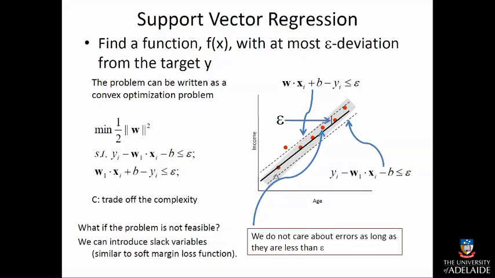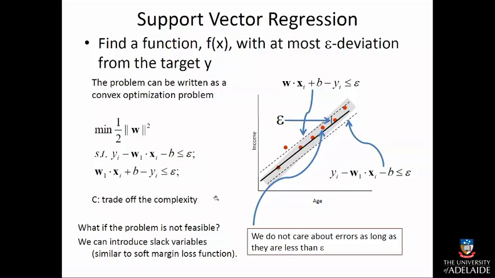So for the data points that are above the line, we want this value less than epsilon. And for the data points that are below this line, this value should be less than epsilon as well. These two sets of constraints represent the data points: one set above the line, and the other below the line.